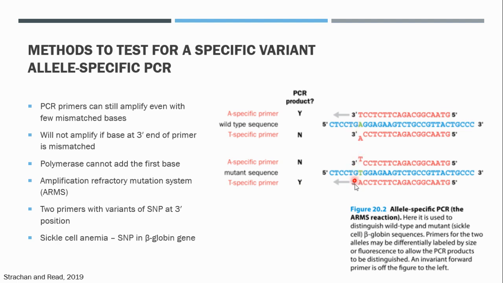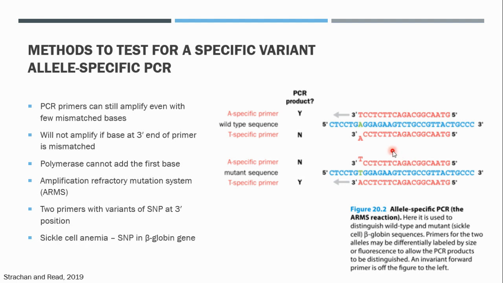And two primers are designed. There's a forward primer over to the left that will amplify both sequences, and a reverse primer which contains a different nucleotide at the 3' end. So the last position in the 3' end of the primer would contain either a T or an A. These two primers can then be labeled with differently colored fluorescent dyes and added to the same PCR reaction.